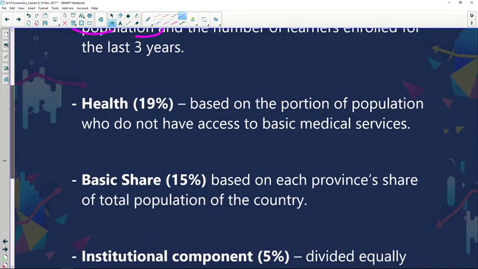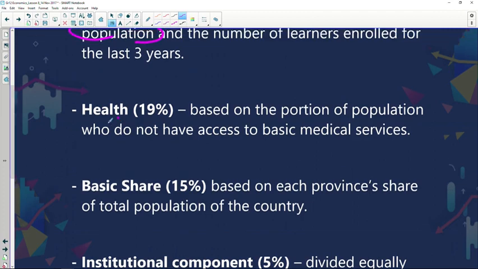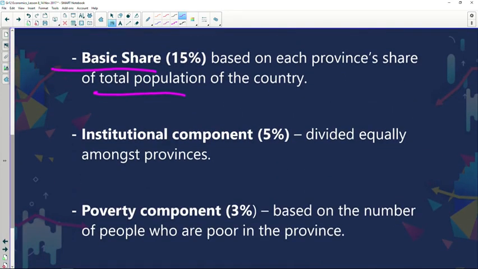And the primary health care, 19%, based on the portion of the population who do not have access to basic medical services. So that's healthcare. Then the basic share of 15% is based on each province's share of the total population. So population plays a very important role when they are doing these equitable allocations. And then the institutional component is divided equally amongst the 9 provinces, so it will roughly be about 5%.